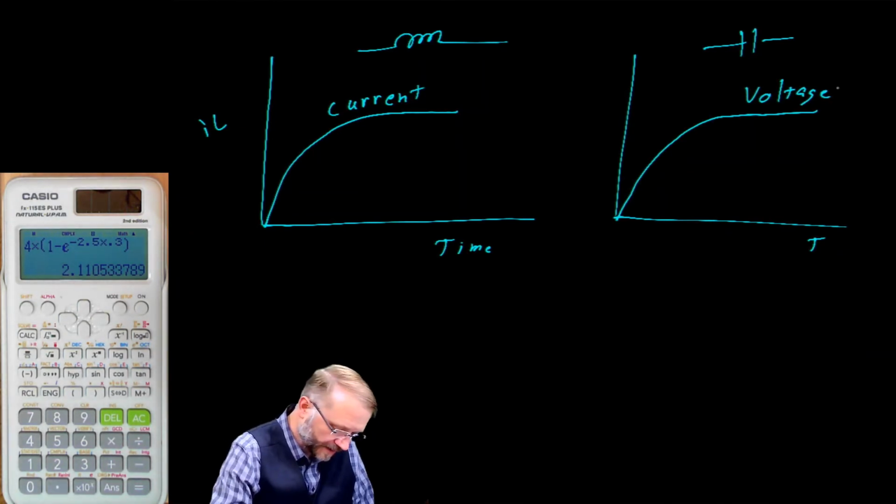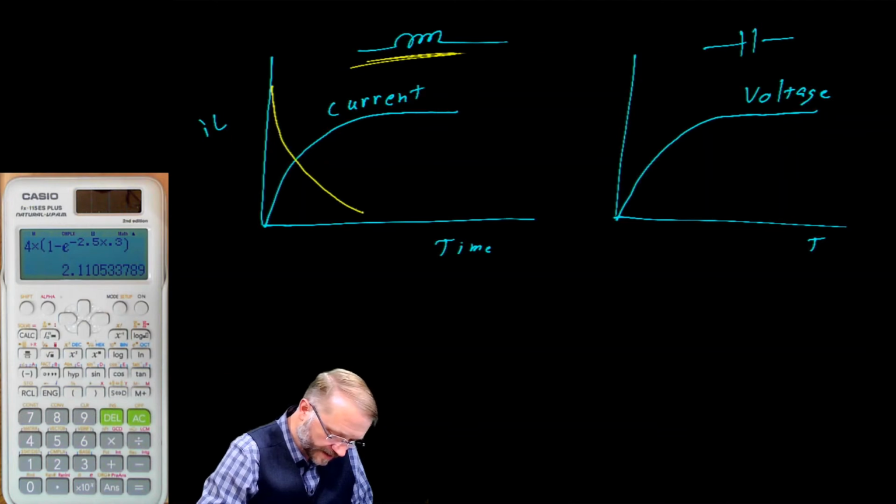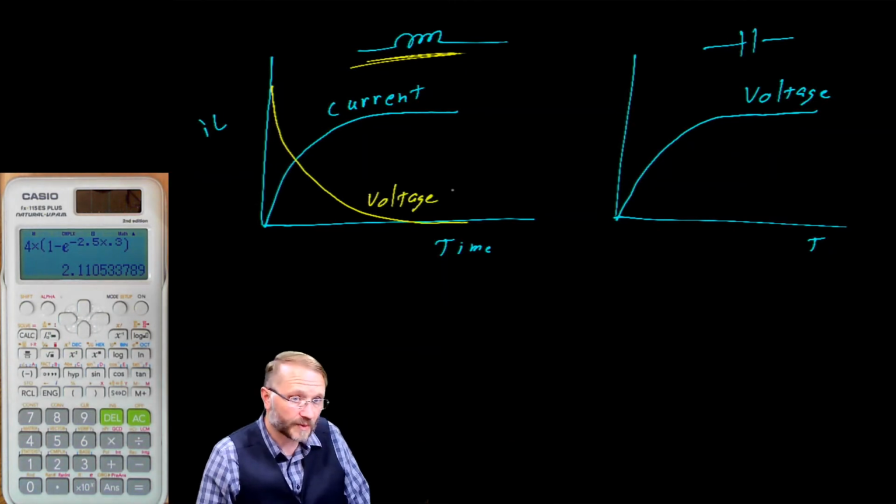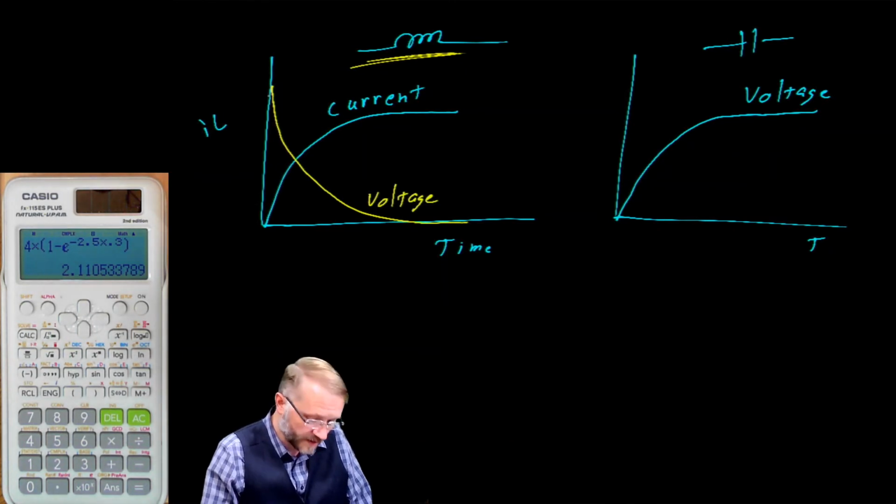We haven't talked about it, but we may as well add it here now. If we were to look at the voltage on the inductive circuit, we would see that it does something like this. Okay, so this is the voltage. You almost want to say that the voltage comes first here, doesn't it?